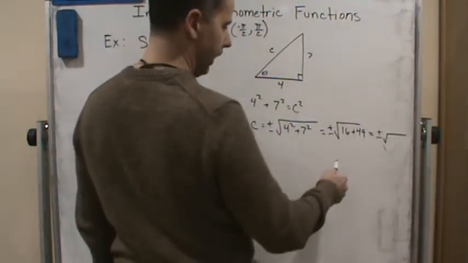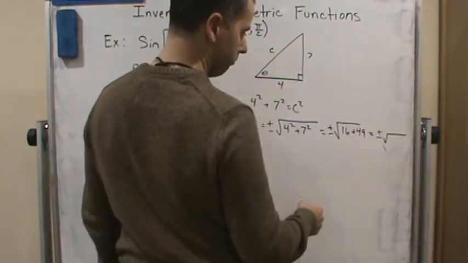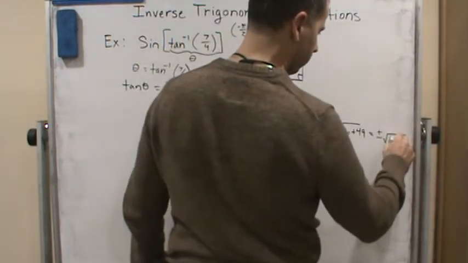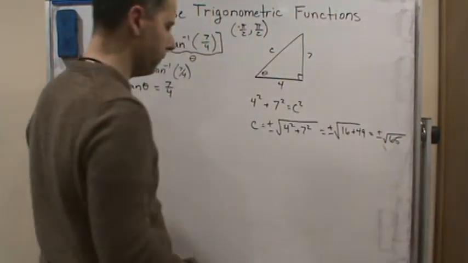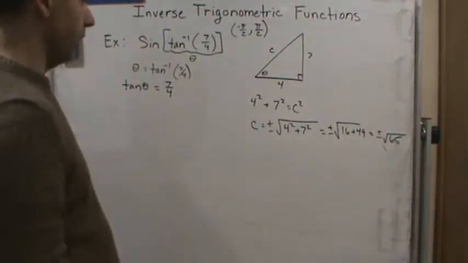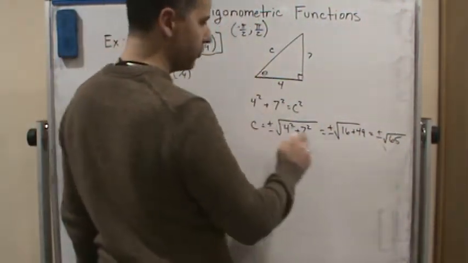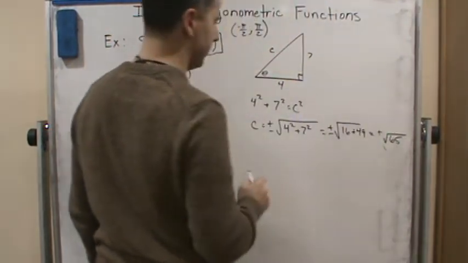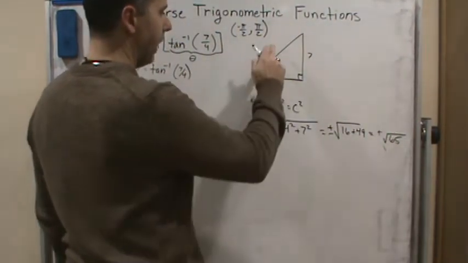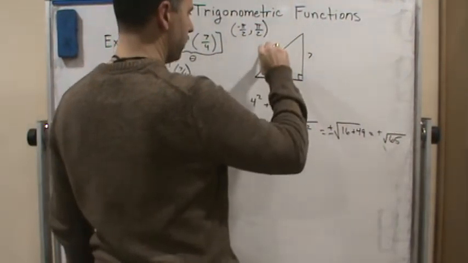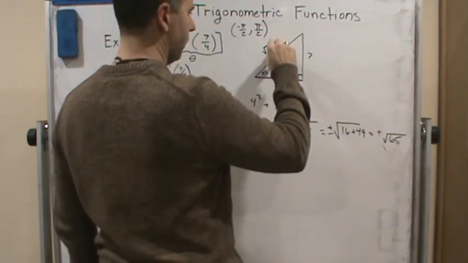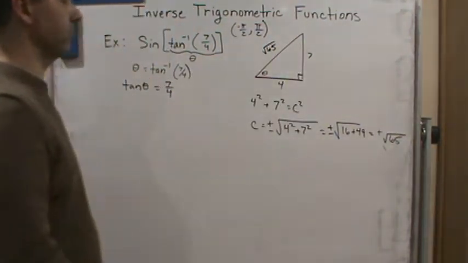That's going to give me 65, right? Okay, now, so this is going to be plus or minus the square root of 65. Since the hypotenuse is always positive, so now I've got my answer. So it's the square root of 65.